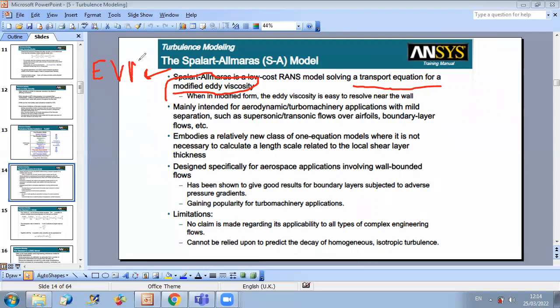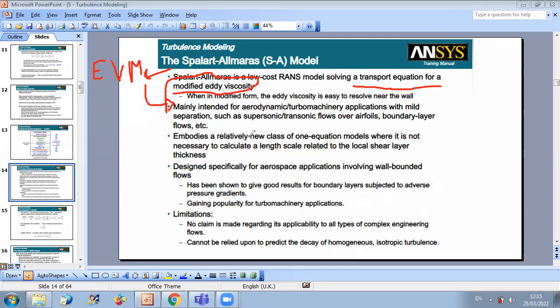From experience, we have seen that this model is mainly convenient for aerodynamic or turbomachinery applications with mild separation, such as supersonic and transonic flows over airfoils, and boundary layer flows. So whenever you have an application related to this field, this model will perform well. This model also embodies a relatively new class of one equation models where it's not necessary to calculate a length scale related to the local shear layer thickness.